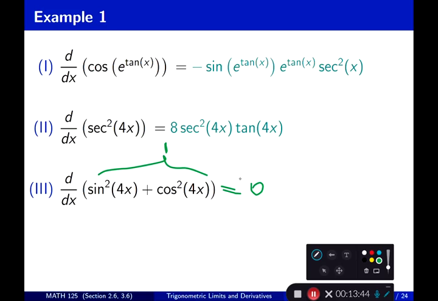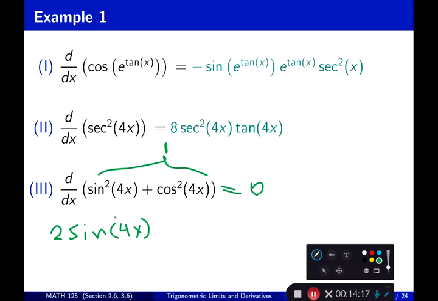Could I have done it through the chain rule? Yes, even though it's lengthier work and really not needed, you could have done the chain rule. Remember, sine squared 4x, the very outside function is to the power 2. So when you take the derivative of the very outside function, it's 2 sine of 4x.